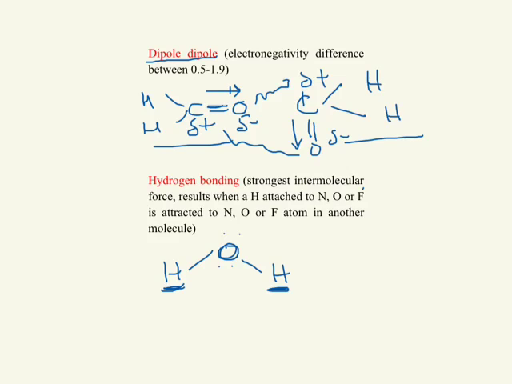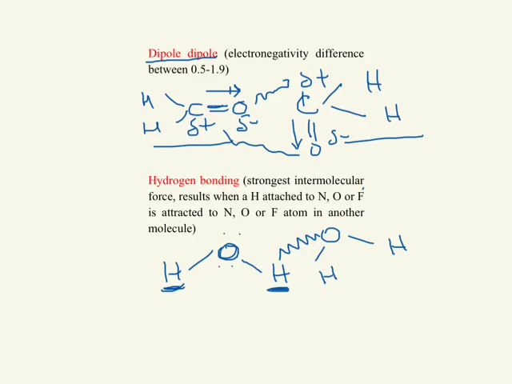If you take another water molecule here, this hydrogen can make a special type of bond with the oxygen of another water molecule, which is known as a hydrogen bond. Or this hydrogen can make a hydrogen bond with the oxygen of the other molecule. So if hydrogen bonding is present, then that's the strongest intermolecular force, and that results in higher melting or boiling points.